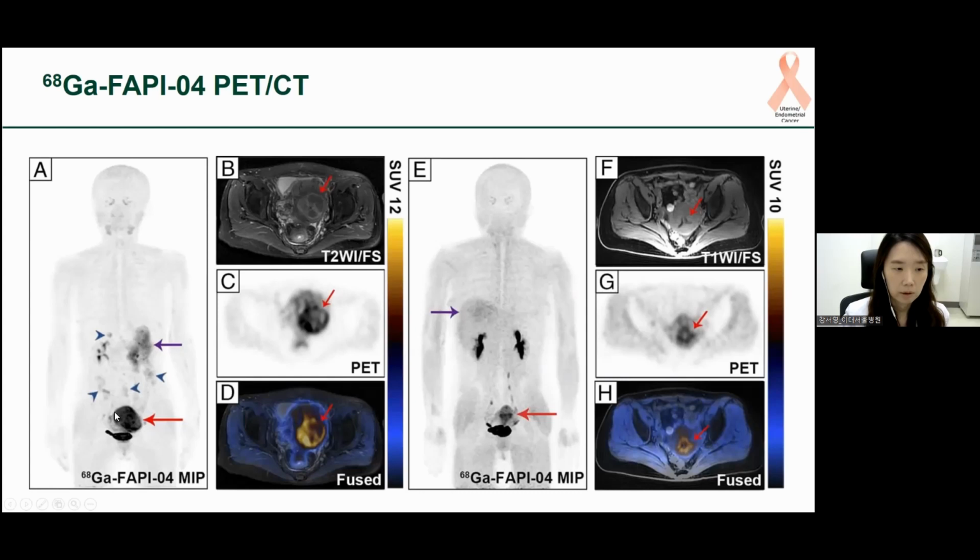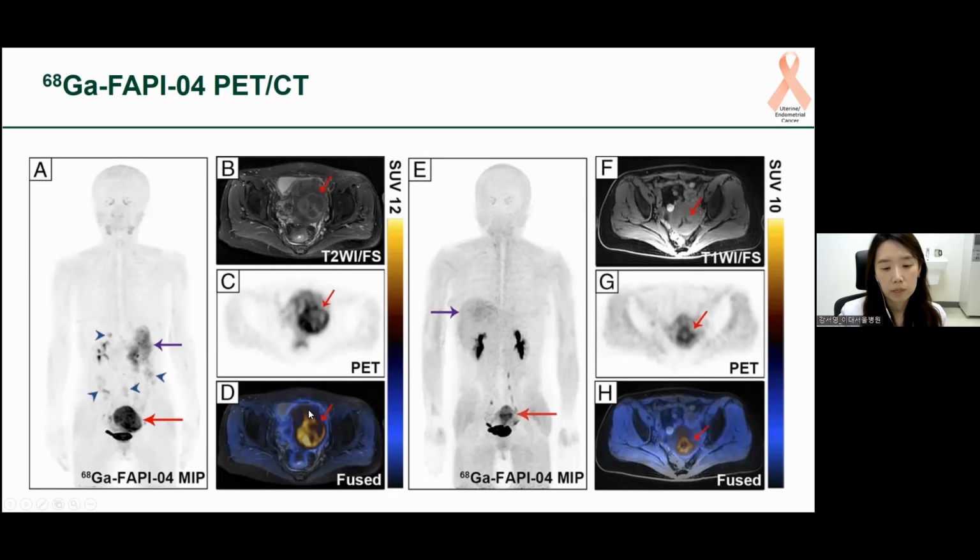And there is also a large mass-like region with increased FAPI uptake in the uterus. So what do you think about that mass? It could be metastasis, but the uptake pattern is very different from the primary gastric tumor. It's a higher uptake in the uterine mass.